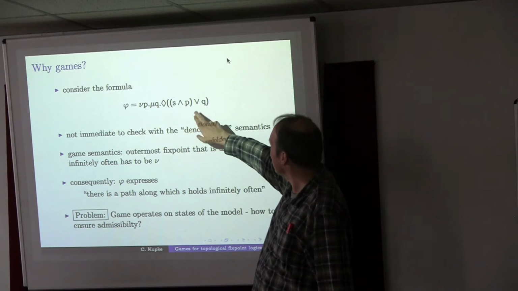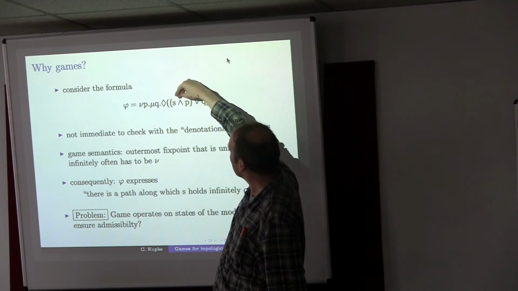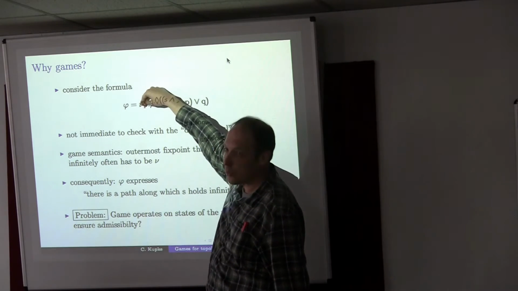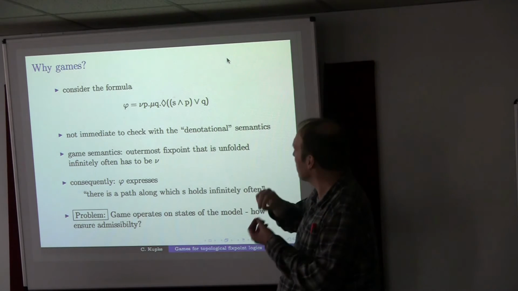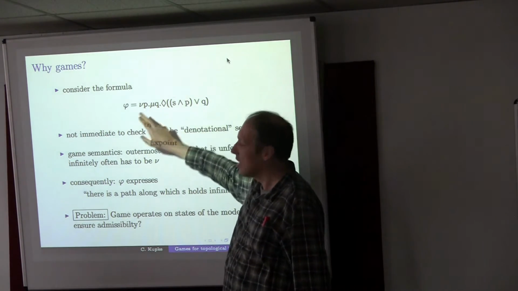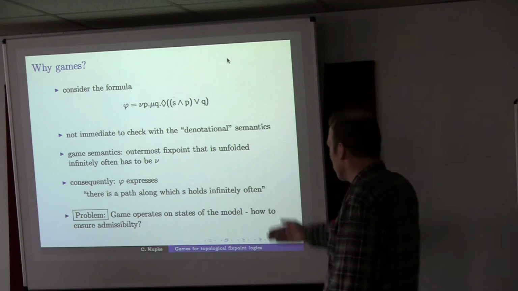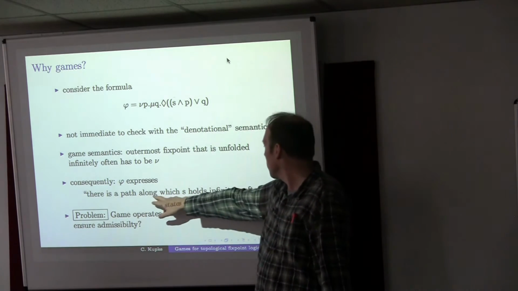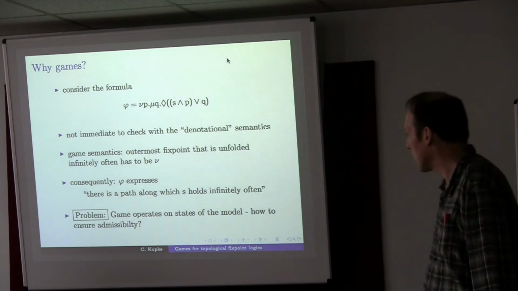So whenever there's a state where S is true, you can jump to this side of the disjunction, go here and unfold the mu. If you by any chance end up in the bad situation that you never reach a state where S is true, you always have to unfold the mu and you lose. And that's why this formally expresses there's a path along which S holds infinitely often.